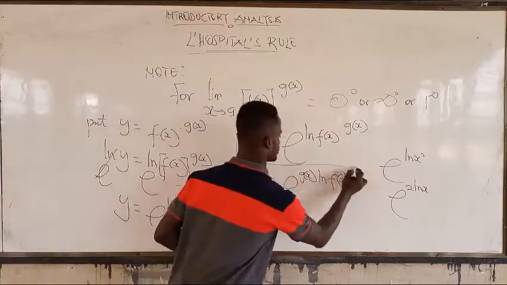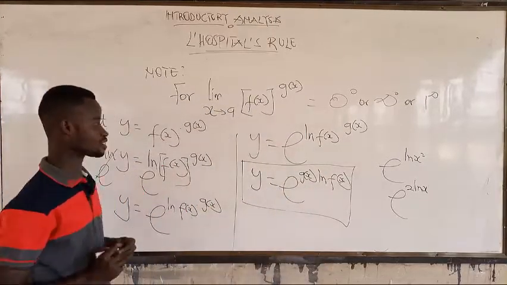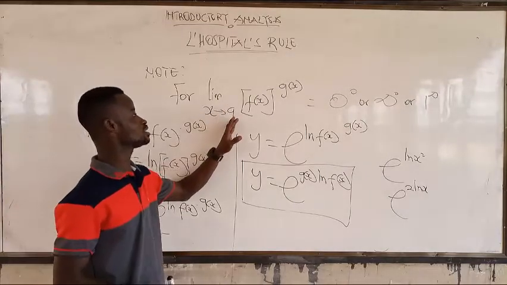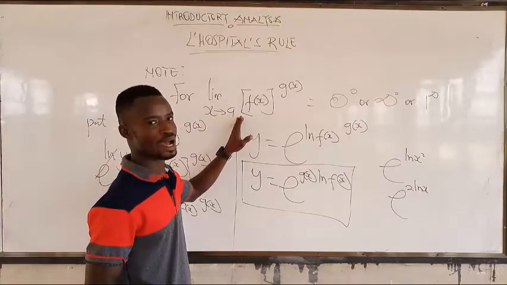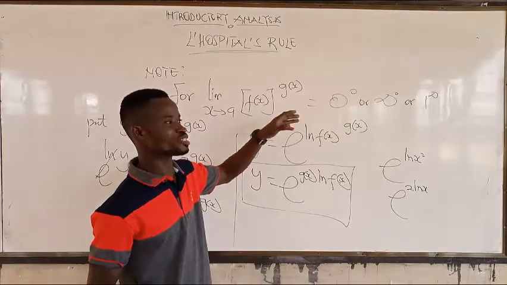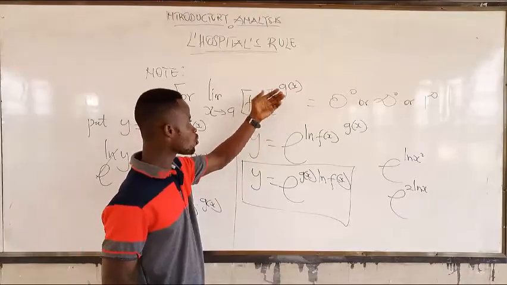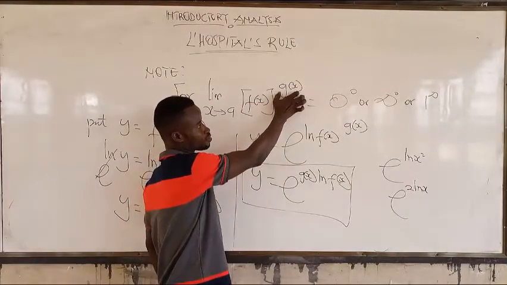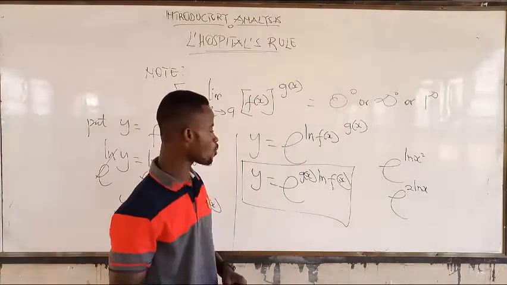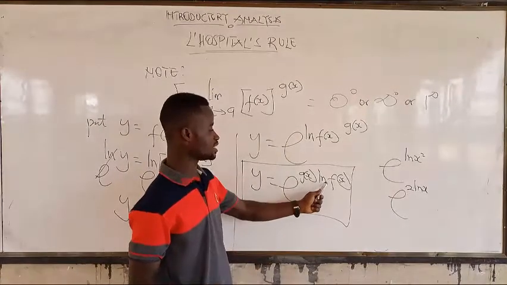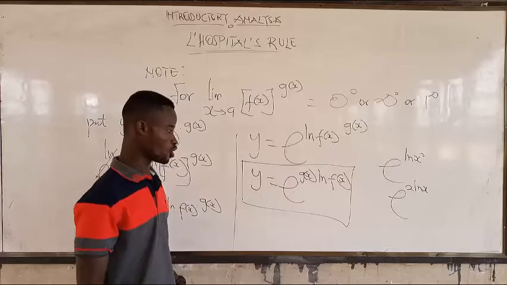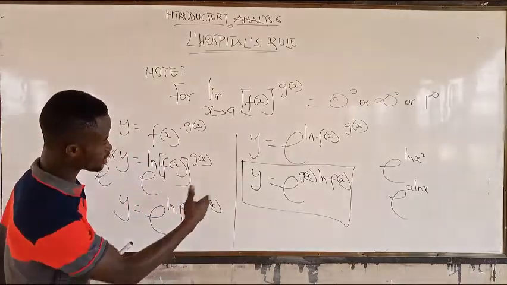So that is that. We have established that anytime you have to take the limit of a function whereby one is raised to the power of the other, what we do is bring the one on the power to this side, then you take the limit of the first one, then you take the natural log of it.